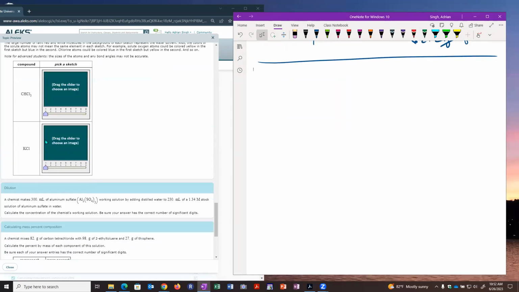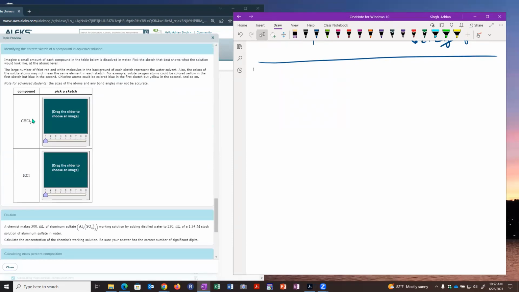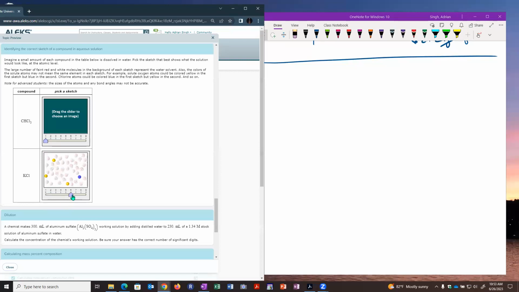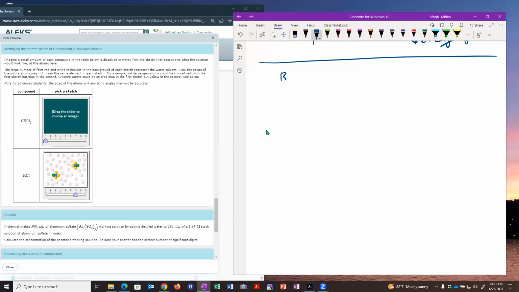So let's take a look at this second one. So it's saying, pick a sketch that best shows what the solution would look like at the atomic level. So if you take your slider and you move it across, you'll see the background here contains these grayed out images. So the background is water, which is going to be present in every aqueous solution.